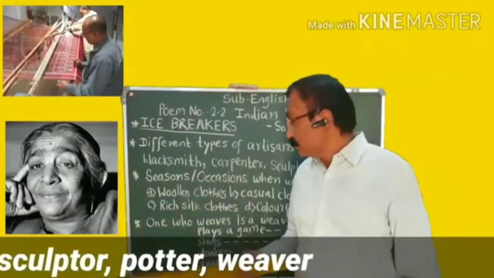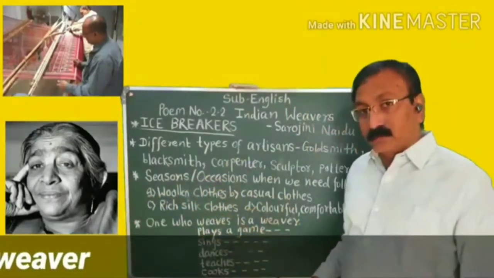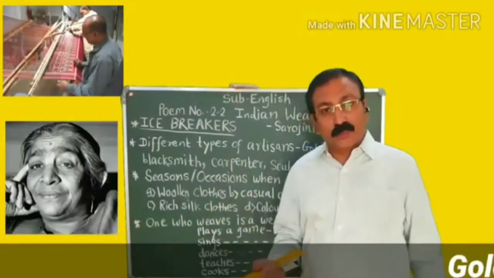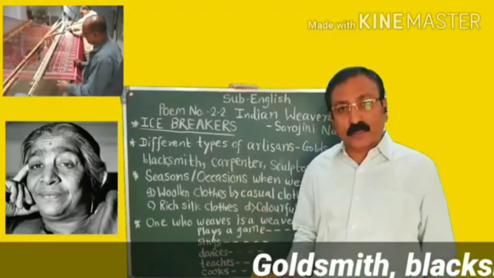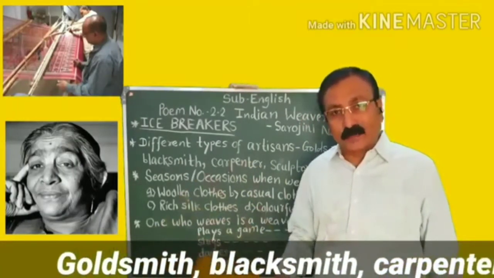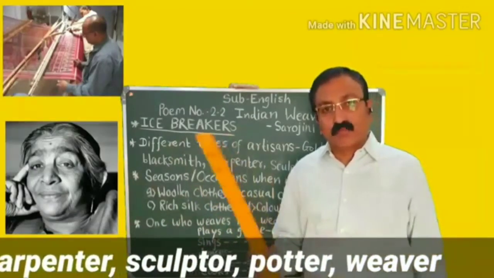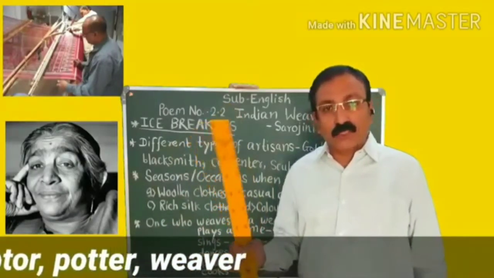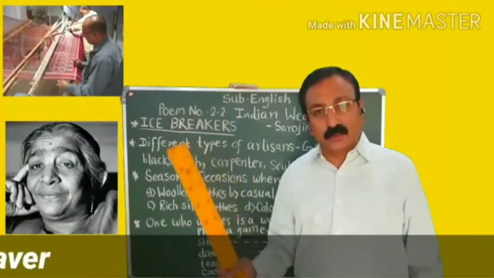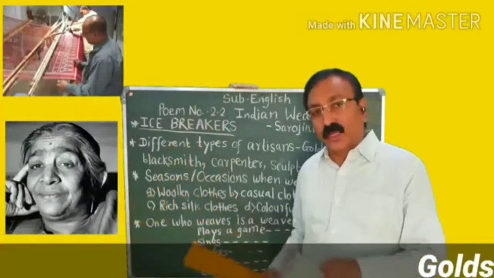Carpenter. As we are aware, carpenters are skilled in creating, in producing different kinds of objects from wood, which are very useful in the agriculture field or in day-to-day life.